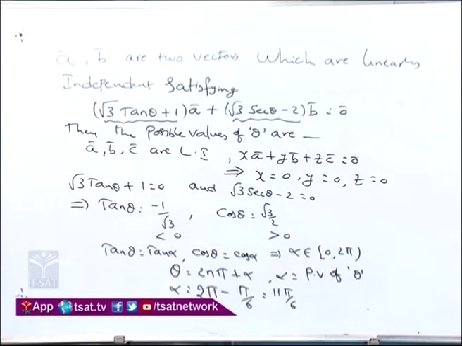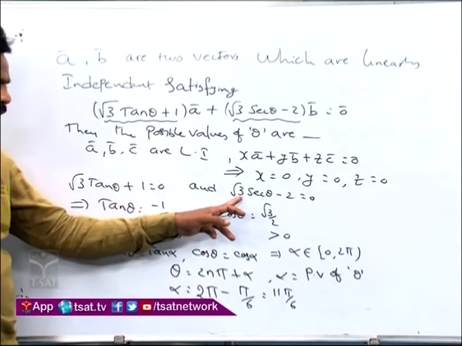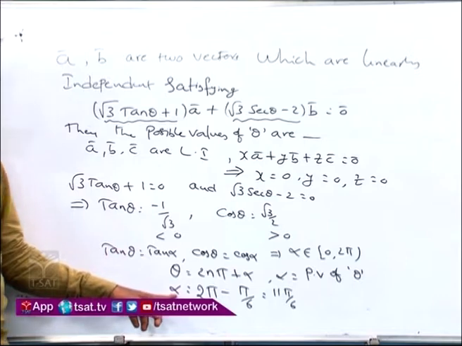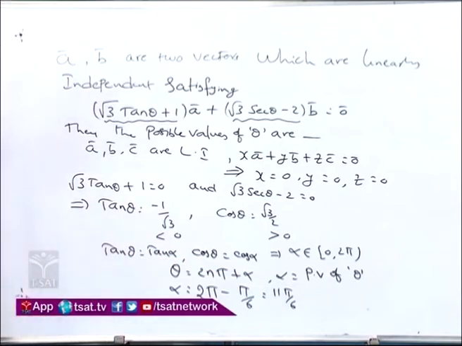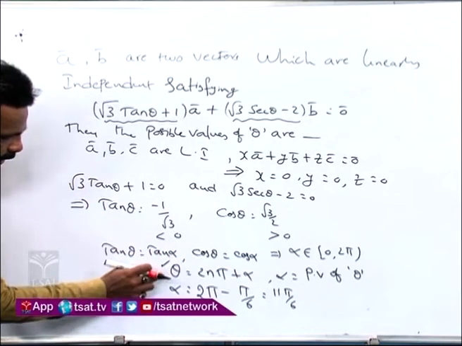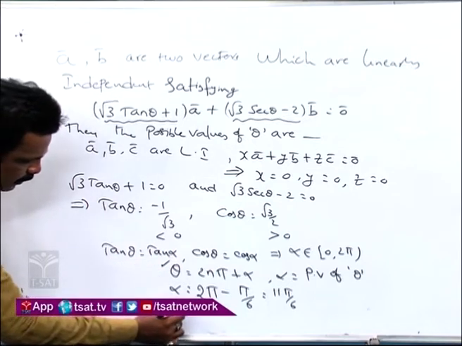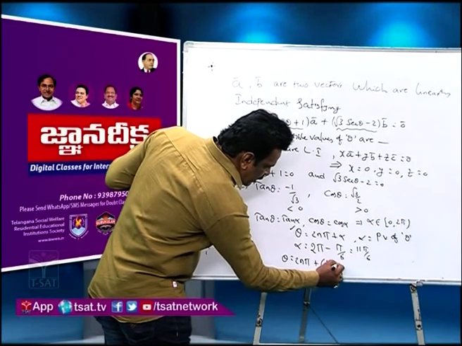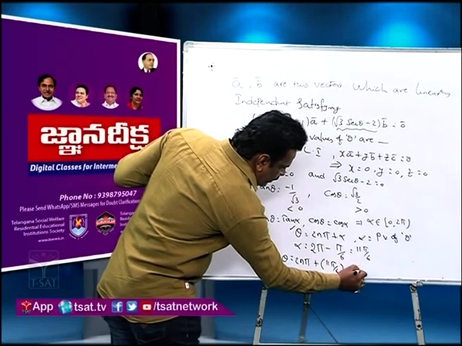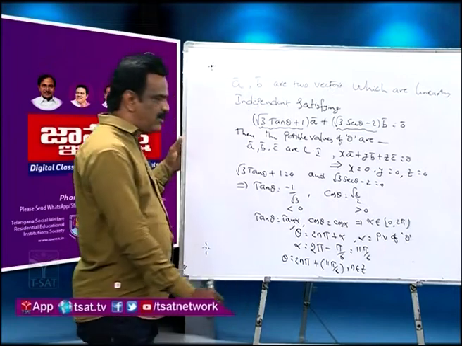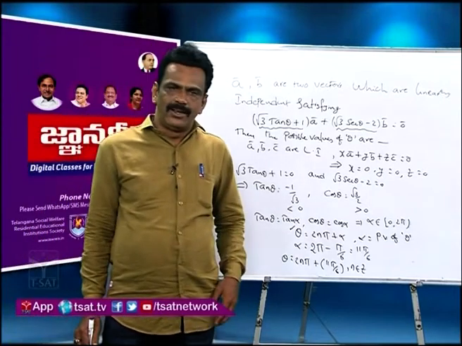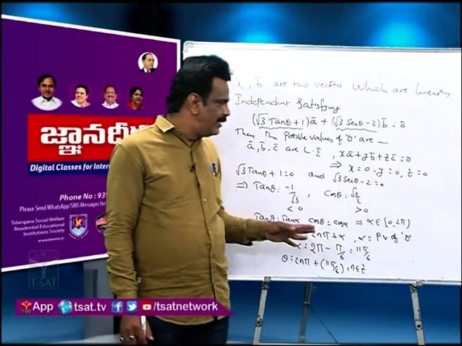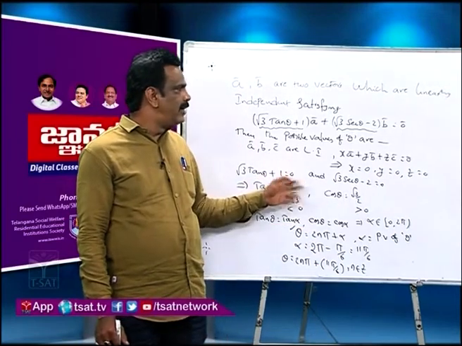So root 3 tan theta plus 1 equal to 0 and root 3 secant theta minus 2 equal to 0 both are giving the principal value alpha equal to 11 pi by 6, and hence we can write theta equal to 2n pi plus 11 pi by 6, and n belongs to Z. So the set of all possible values of theta are 2n pi plus 11 pi by 6. Like that it can come under a multi-concept problem.